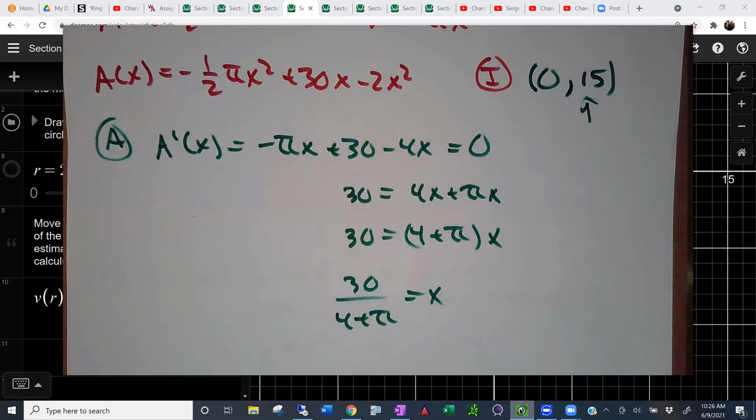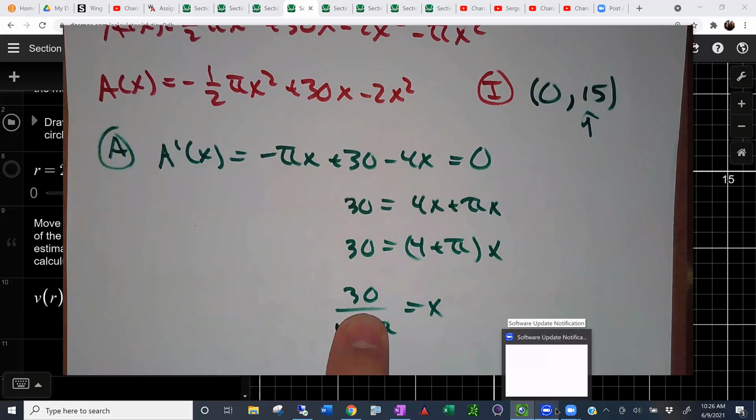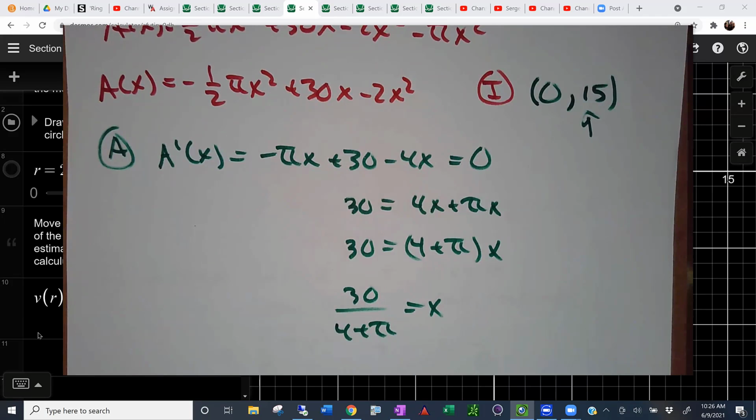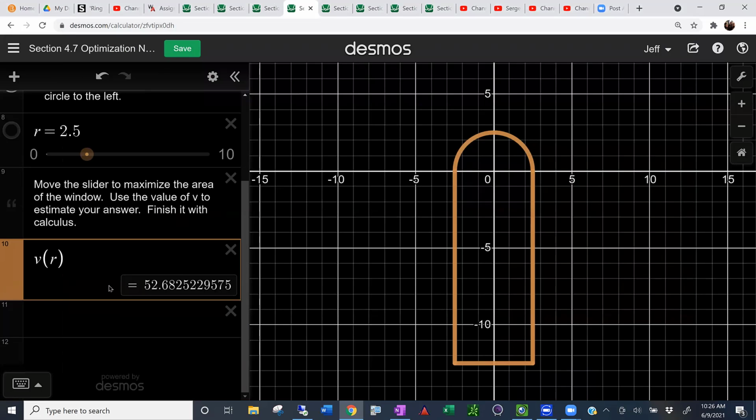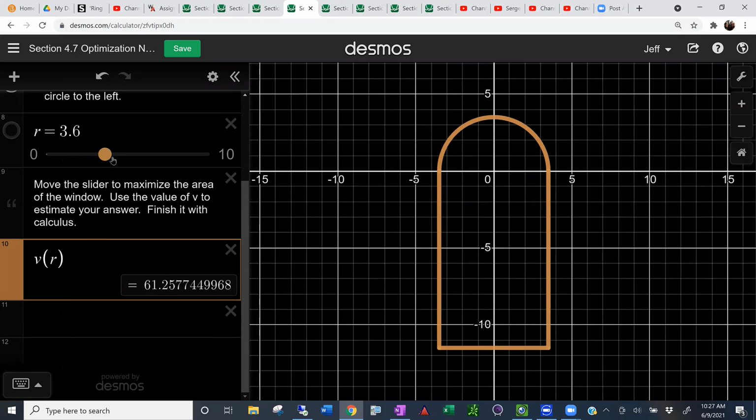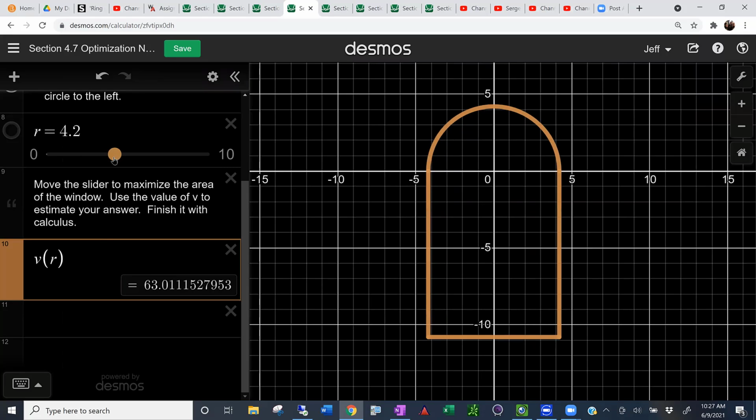Let's just check that a little bit. If you take 30 divided by 4 plus pi, I think you get about 4.2. Let's see how that 4.2 stacks up. This V of R shows you the area coming through, or the amount of light coming through, which is really just the area. And if I dial it around, getting up to about 4.2, it looks like we get up to a value for our light or area of about 63.